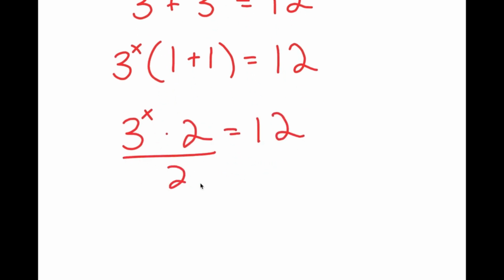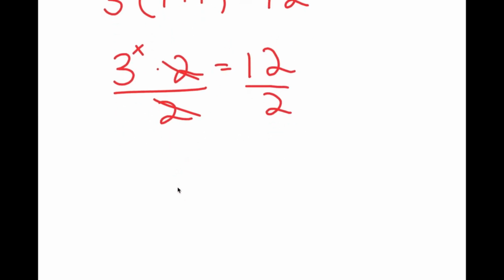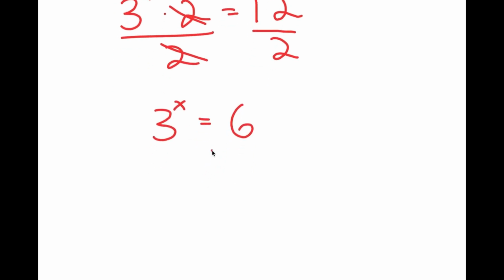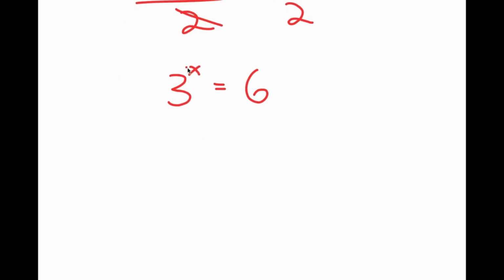And now I can divide both sides by 2. So then these two cancel out, and I get 3 to the power of x is equal to 6. Now from here, what I'm going to do is take the log on both sides.